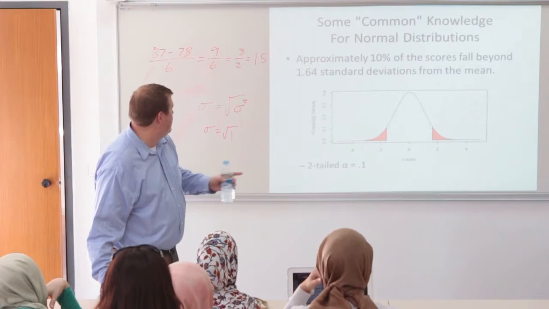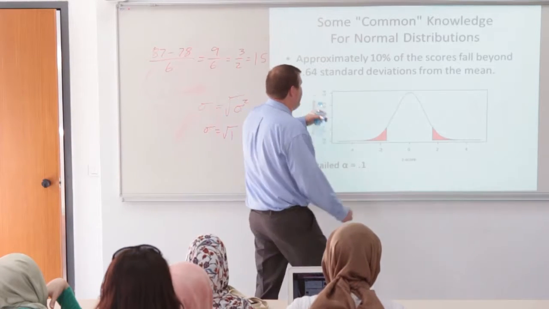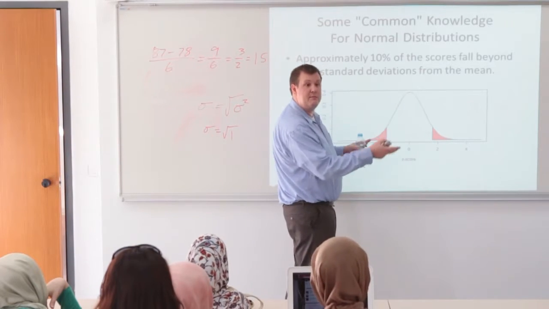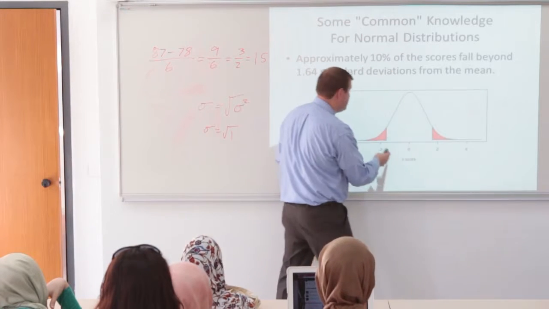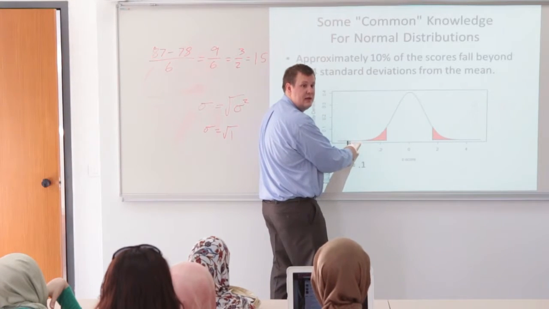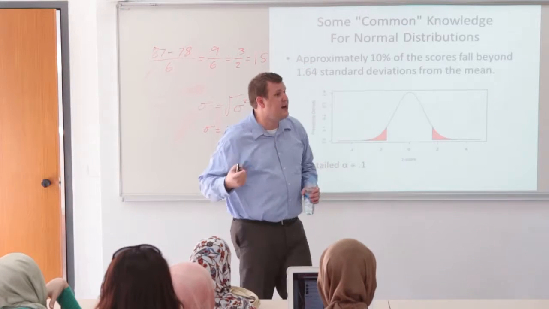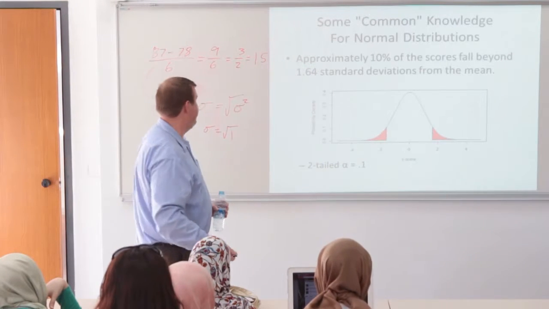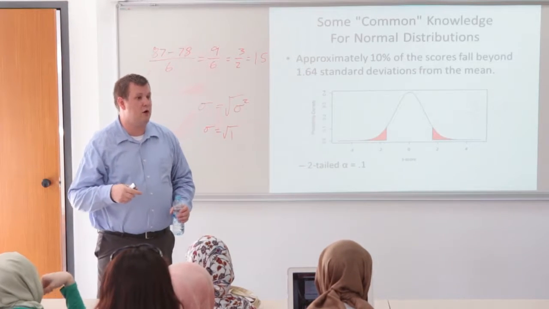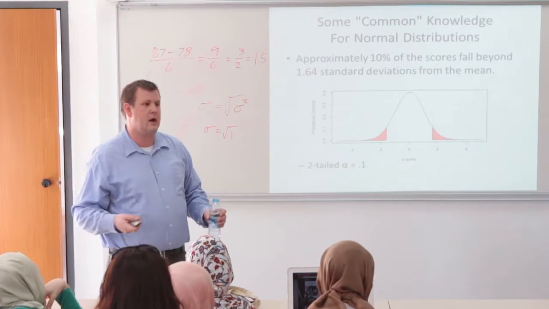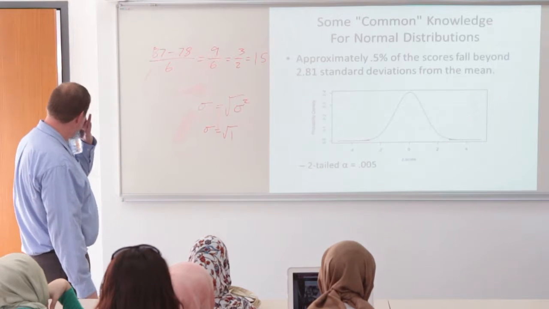Because I told you that 1.64 cuts off the most extreme 10%. That means the most extreme upper 5% and the most extreme lower 5%. So if you're looking for a one-tailed alpha of 0.05, you're looking for 1.64 or negative 1.64, depending on the direction. Okay.